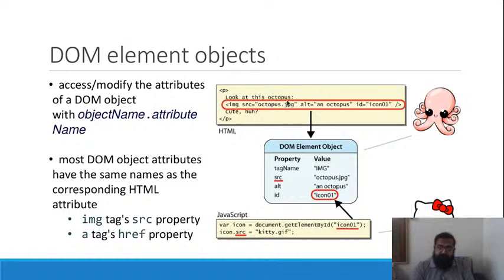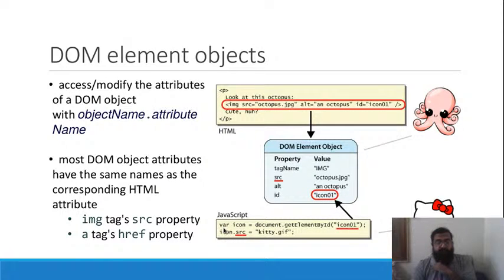Over here in this code it is just octopus.jpg and kitty.gif. The images/ part is omitted because the HTML file is placed relative to the location where these images are present. So in the previous example the source would have had images/octopus.jpg, and in this example it is just src octopus.jpg, alt octopus, id icon01.